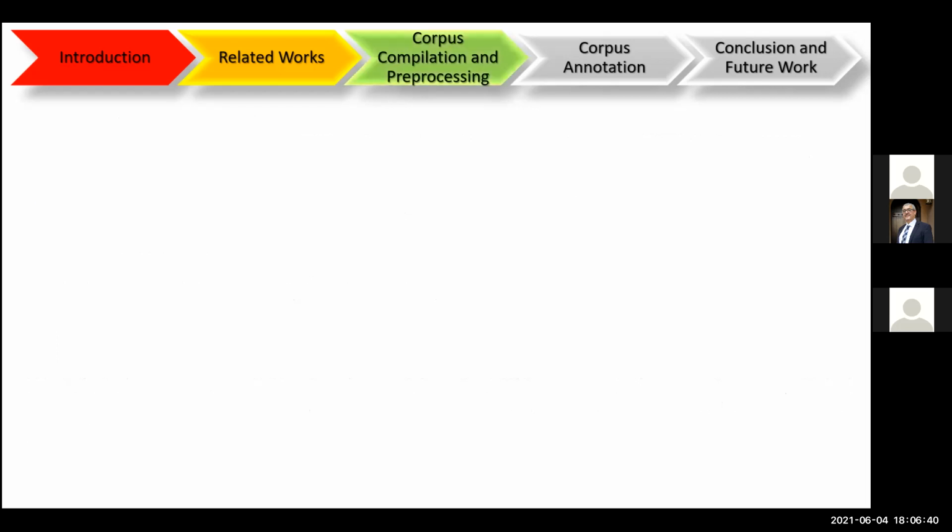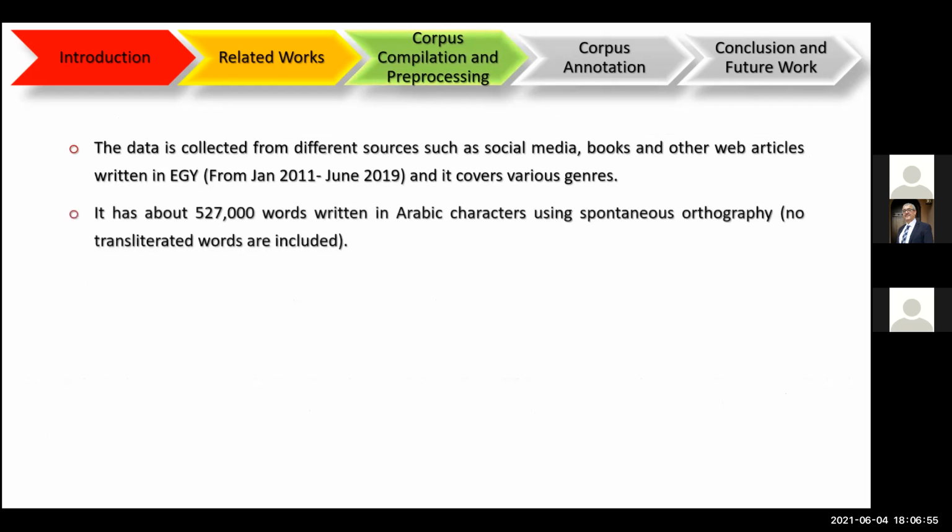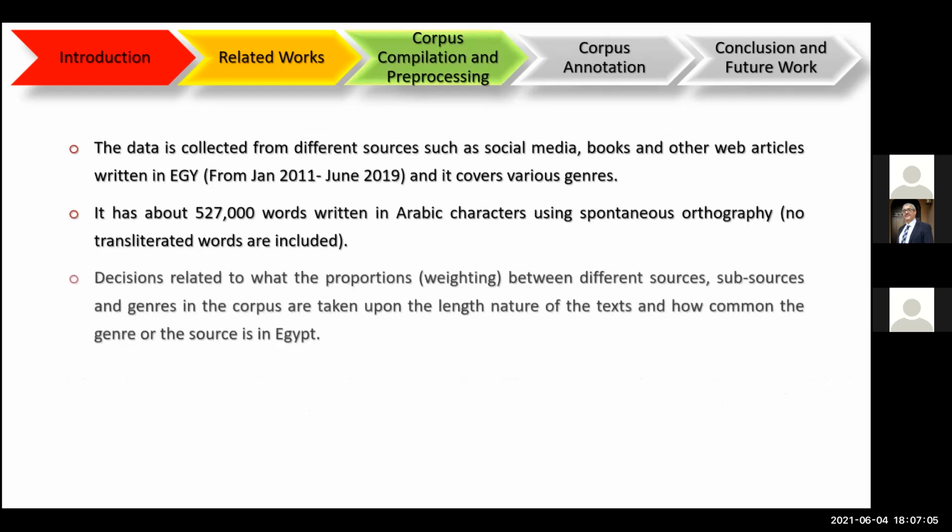So when we come to the corpus compilation and pre-processing, the data is collected from different sources such as social media blogs and other web articles written in EG, and it covers various genres. It has about 500,000 words written in Arabic characters, where no translated words are included.